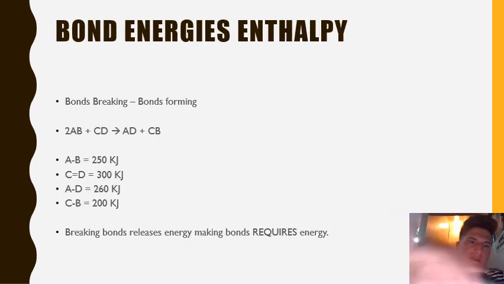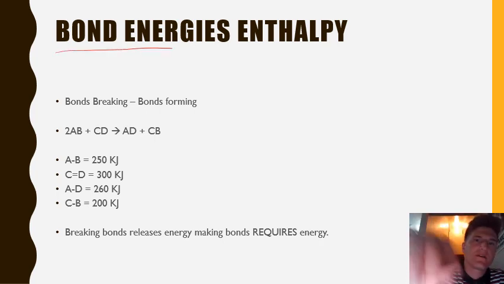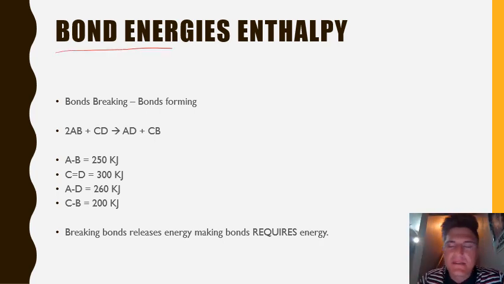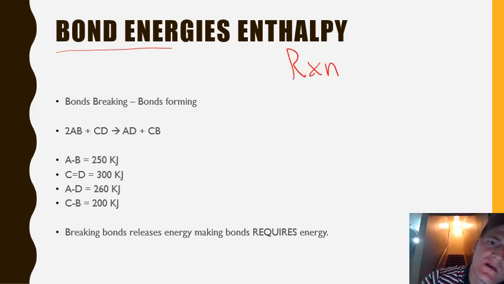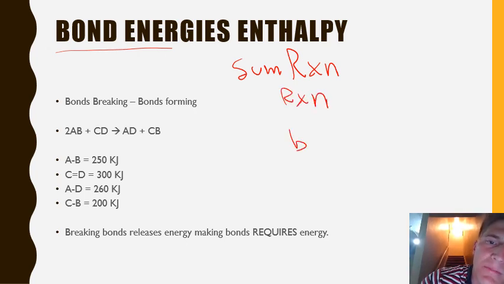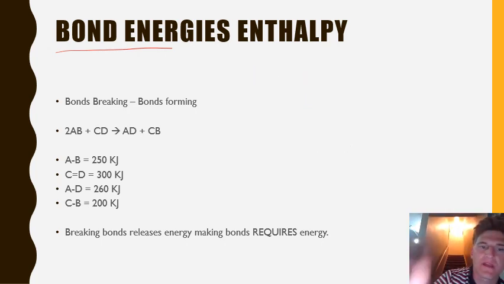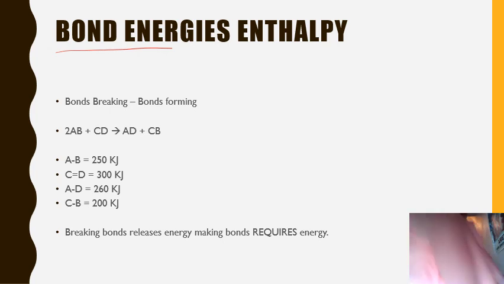So the next part I wanted to touch on are the bond energies of enthalpy. And so I like to kind of think of it like we have the sum of all the reactions, then we have the reaction itself, and then we have the bonds between the actual individual atoms.